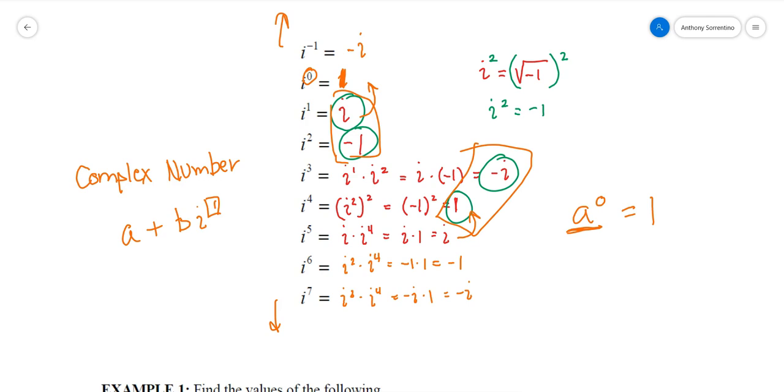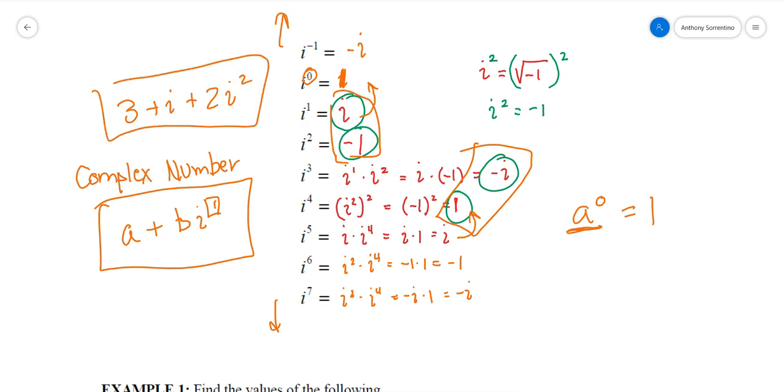So if I'm given some sort of power of i, I've got to write it as either a number or as some multiple of i. So this is the format a complex number has to be written in. I can't write a number like 3 plus i plus 2i squared. That's not a complex number.